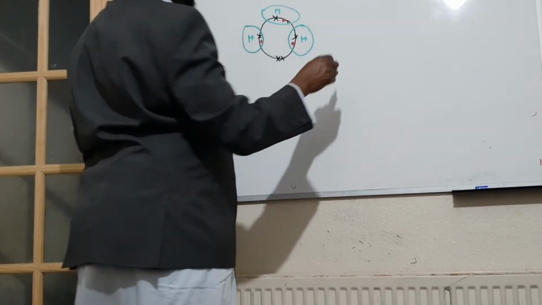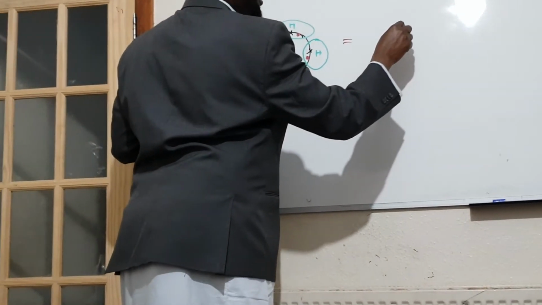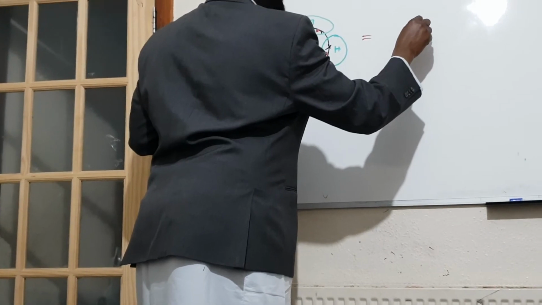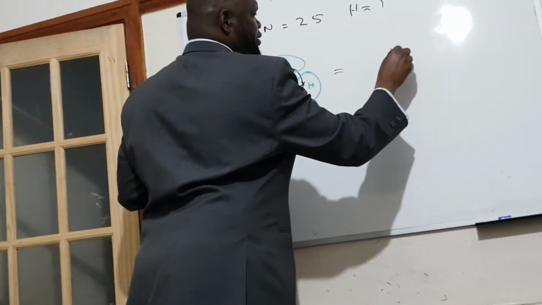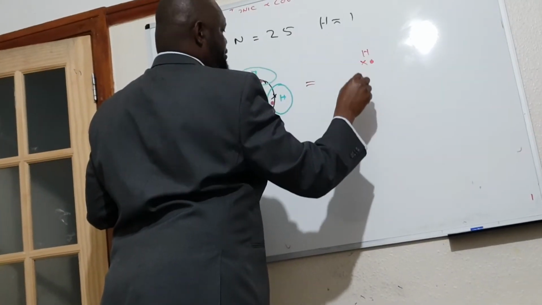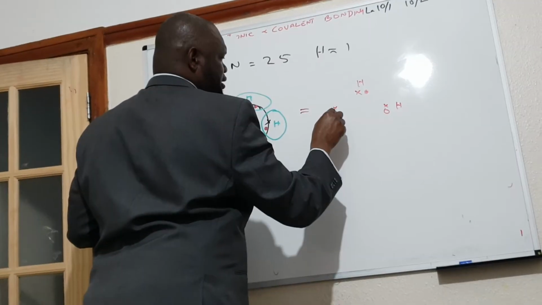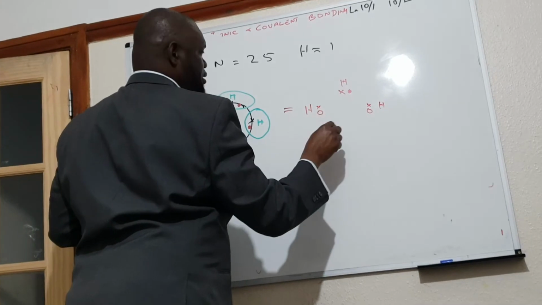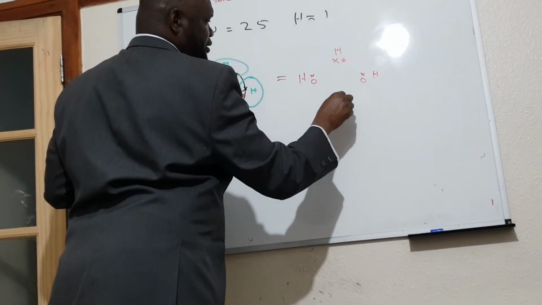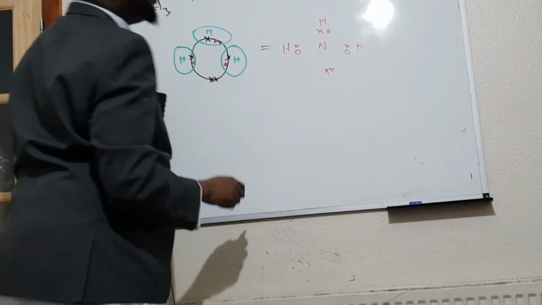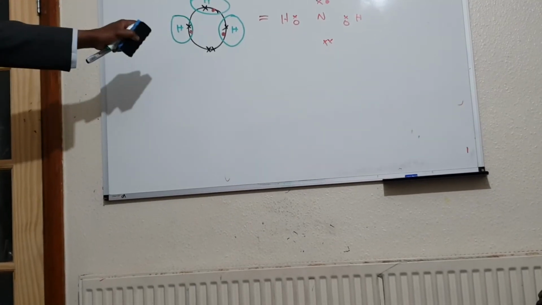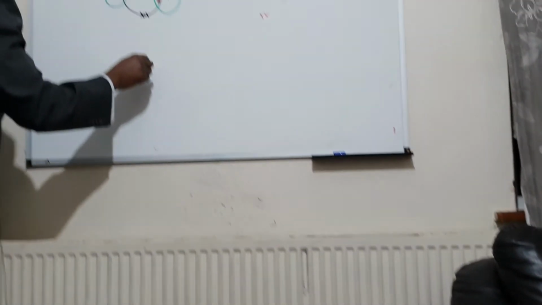So basically, our dot and cross will look like this: a cross and a dot for hydrogen, a cross for hydrogen, a dot for hydrogen, then the nitrogen electrons. You can show it that way. So this compound looks like this, nitrogen with three hydrogens.